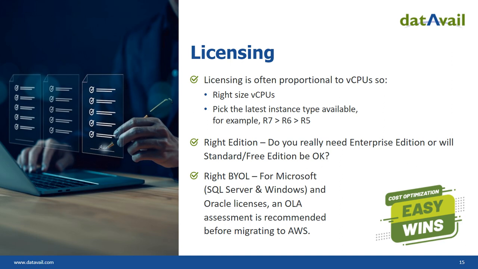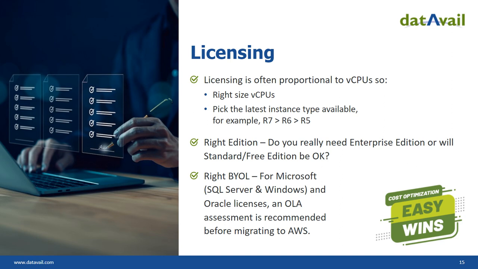The hardware on AWS is newer. For example, on-prem you might have 24 cores, but on AWS you might be okay with 16 cores because of relatively newer processors. So be aware of that. The benefit is not only paying less AWS cost, but also your licensing footprint is smaller because it's licensed by virtual cores.